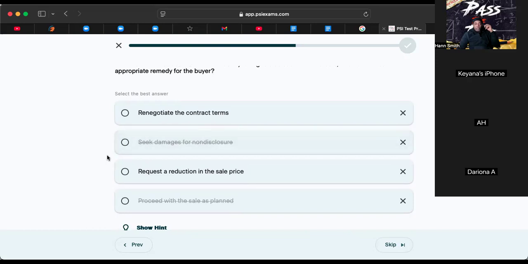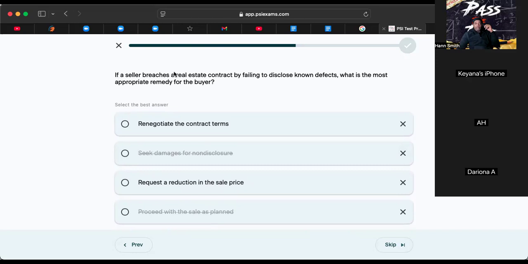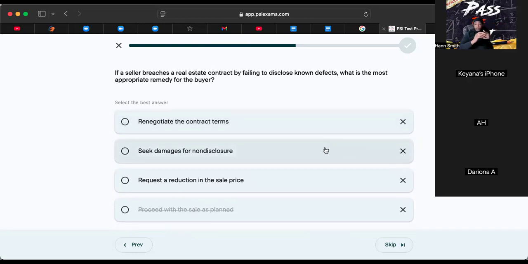So if a seller breaches the real estate contract by failing to disclose known defects, that's a big breach. Like you're hiding something. It's fraud. I misinterpreted the question. Yeah, it's fraud, right? So it could be intentional. The contract was already signed, already done, and the buyer found defects, probably through their inspection.